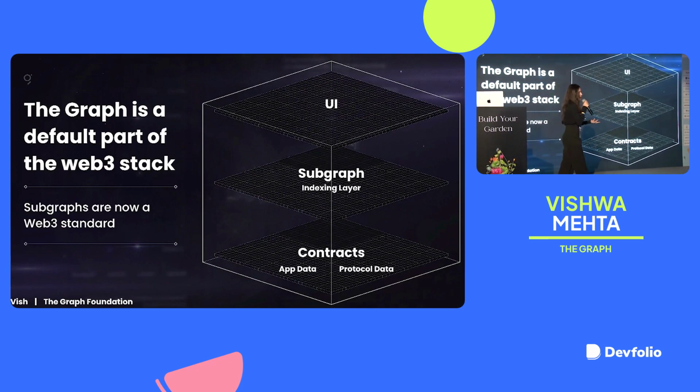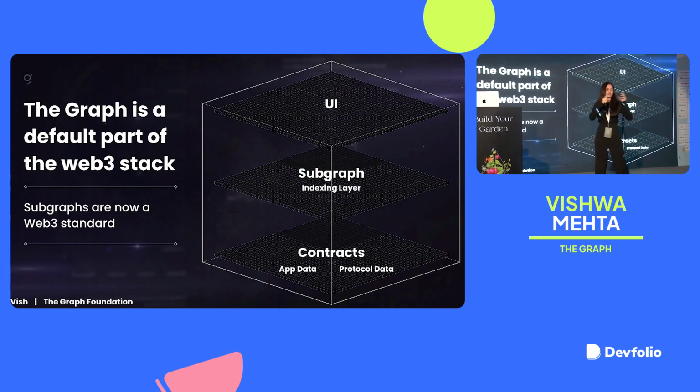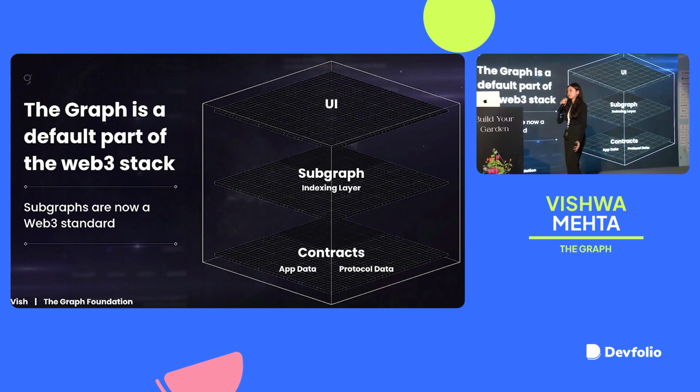You folks are here at a hackathon, right? So you will be building projects, you will be building dApps. So let's picture where The Graph sits in your dApp stack, your web development stack. I really love this diagram because it shows the UI layer, the subgraph indexing layer, and the contracts, which is your data layer.